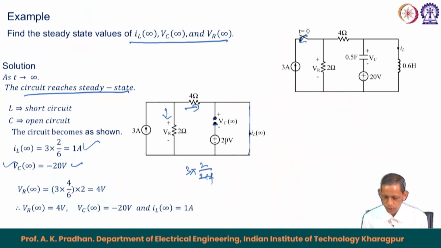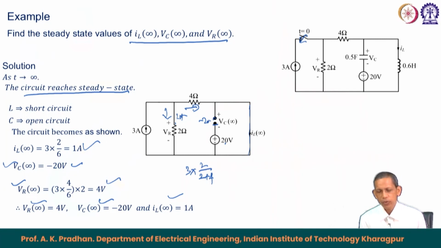This plus shorted means this again becomes minus 20 volt. So, V_R(infinity) becomes equal to the voltage here, with 2 ampere of current flowing here. So, 2 ampere into 2 ohm is 4 volt. So, we got V_R(infinity) to be 4 volt, V_C(infinity) to be minus 20 volt, and I_L(infinity) to be 1 ampere.